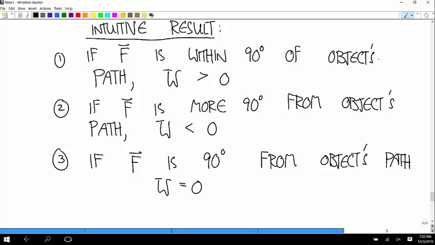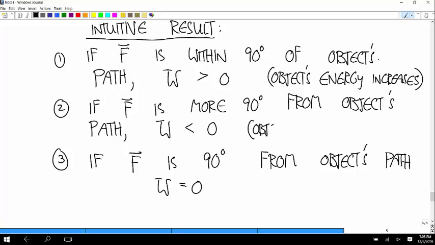And what these mean: if W is greater than 0, that means that this force is increasing the energy in the object. So the object's energy increases. If work is less than 0, that's taking energy away from the object, so the object's energy decreases.